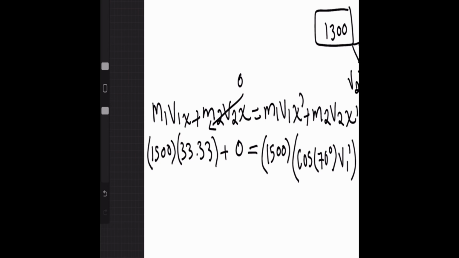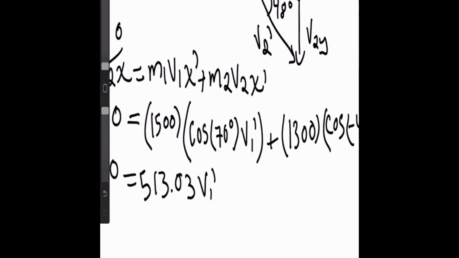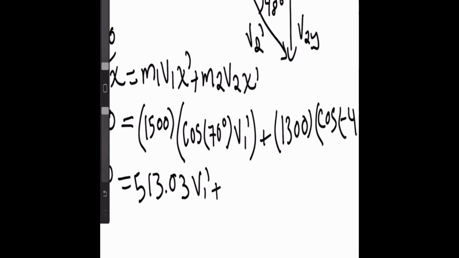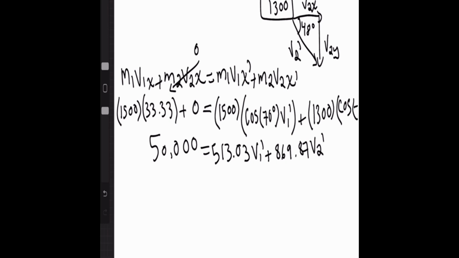On this side, we will have 50,000. This will be equal to 513.03 V1 prime, because since we don't know V1 prime, we can't sub that for anything yet, plus 869.87 times V2 prime. And that's where we are so far.